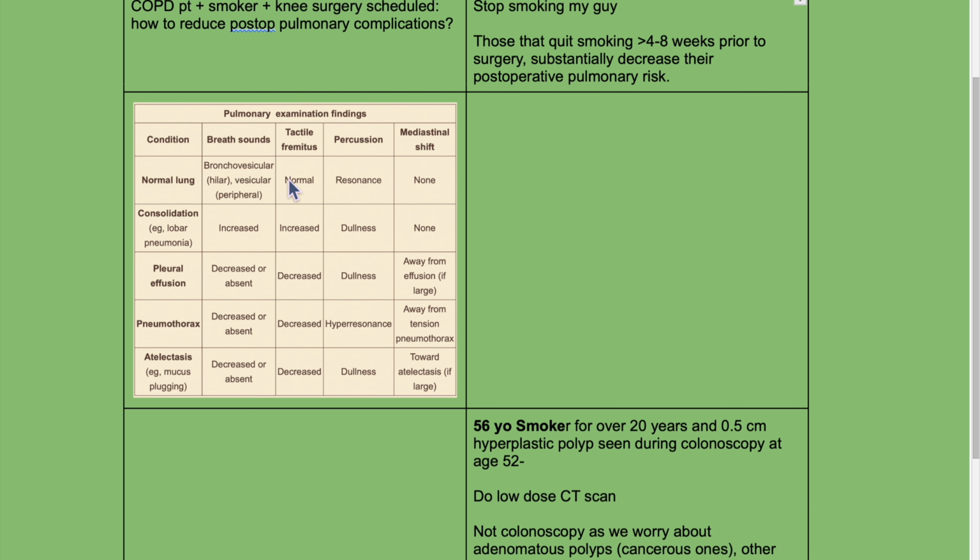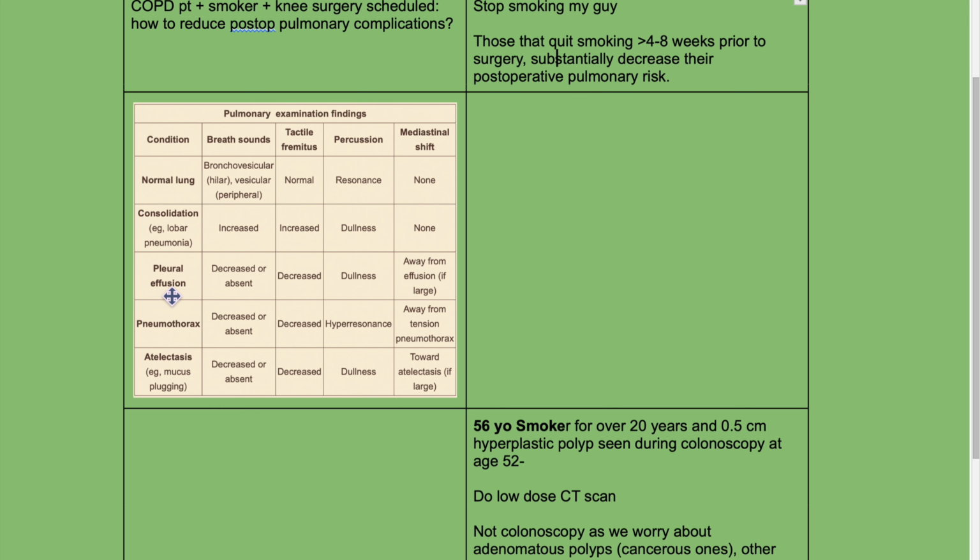Tactile fremitus normal, percussion is resonant, and mediastinal shift is none. During consolidation, this is the only one that has increased breath sound and increased tactile fremitus. None of the other ones will have increased tactile fremitus or breath sounds. Percussion is dull, and there's no mediastinal shift either.